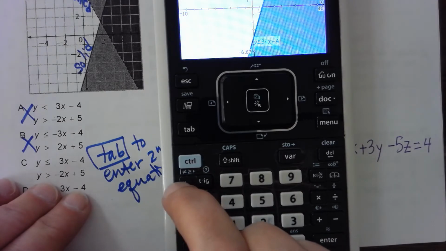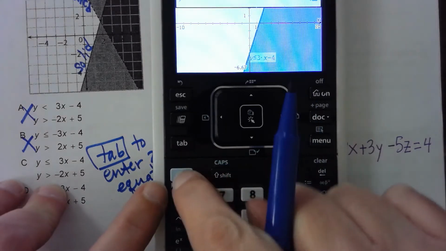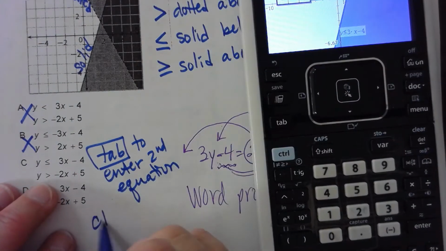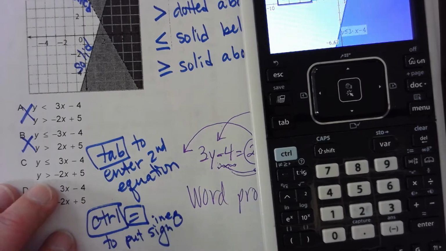Mine's rubbed off. Right beside the trig, there's an equal sign right there, and that will allow you, oops, not the equal sign, control equal, we'll get that little menu back. Control equal to put the inequality sign in there.